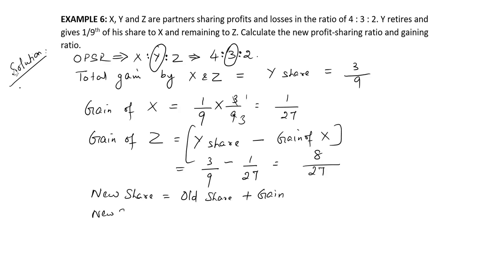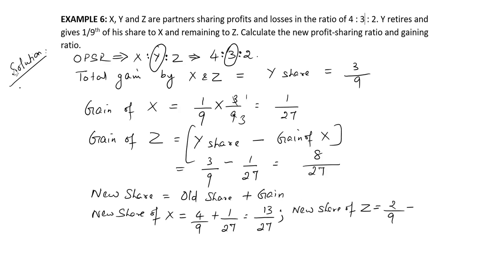New share of partner X is equal to old share 4/9 plus the gain of X, which is 1/27, which is 13 divided by 27, and the new share of partner Z is equal to his old share, which is 2 divided by 9, plus gain of Z, which is 8 divided by 27, which is equal to 14 divided by 27.